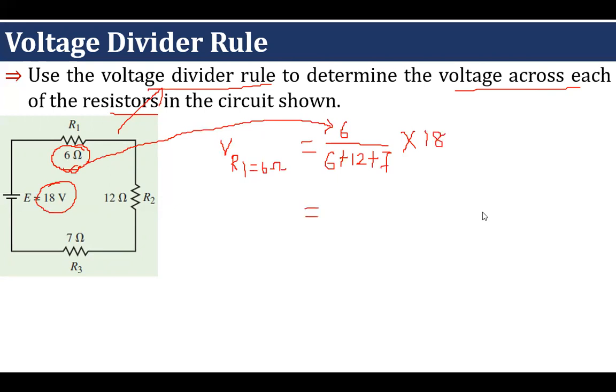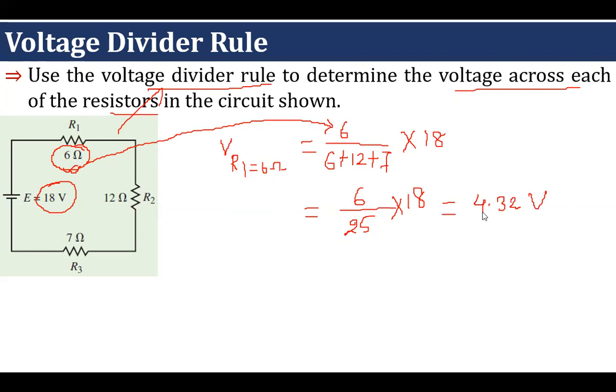So this is going to be 6 upon 25, the total summation, multiplied with 18, which is equal to 4.32 volt.